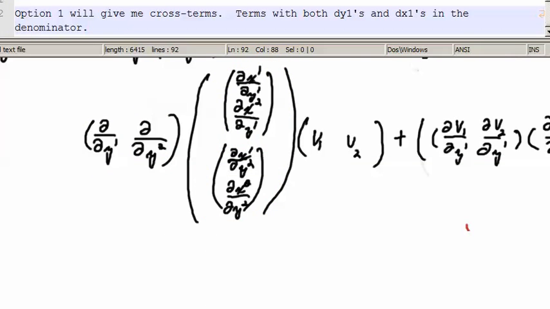The first option would have given me cross terms, things with both dy1s and dy2s in the denominator.